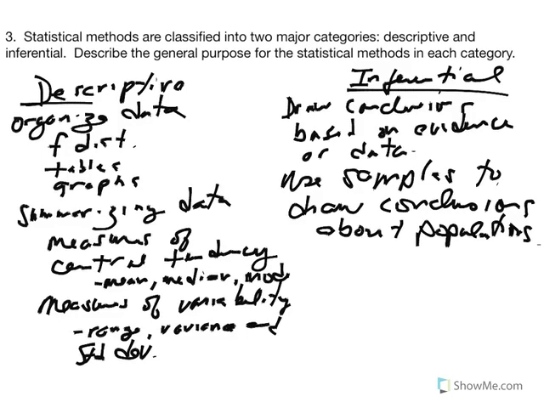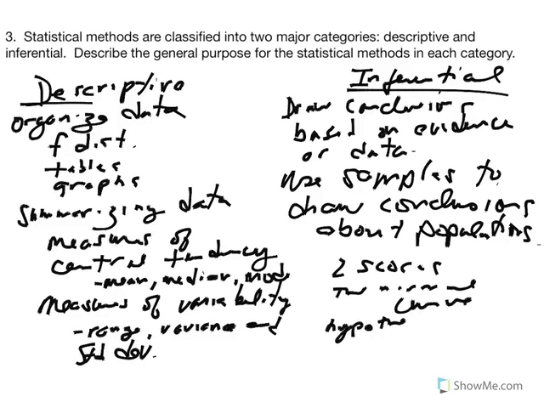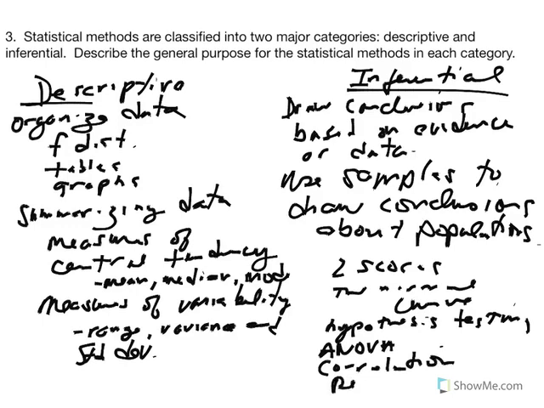Inferential statistics will be introduced beginning chapter 5 and take us through the end of the semester, so 5 through 12, in addition to chapter 14, so including z-scores, the normal curve, hypothesis testing, analysis of variance, ANOVA, correlation, and regression.